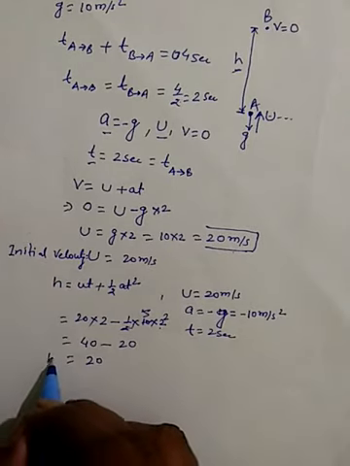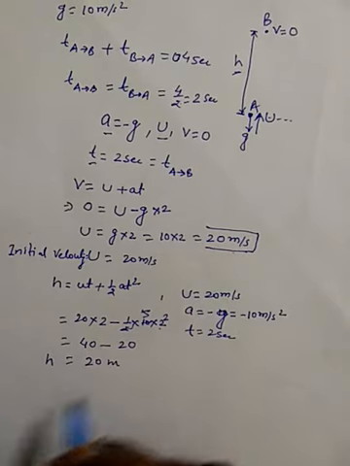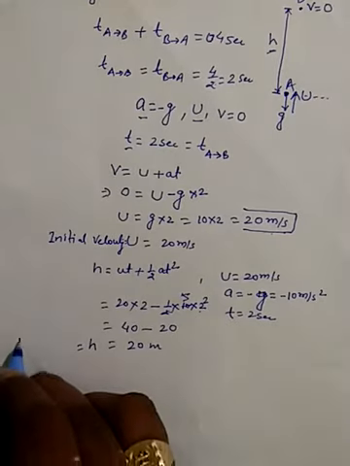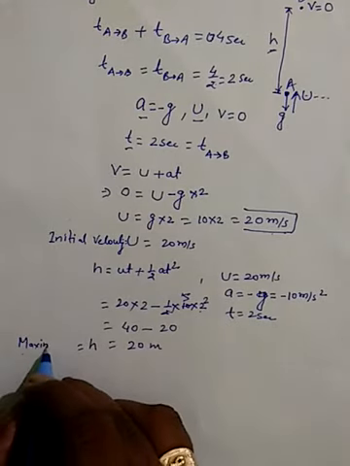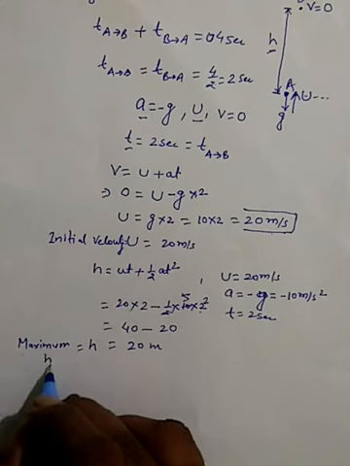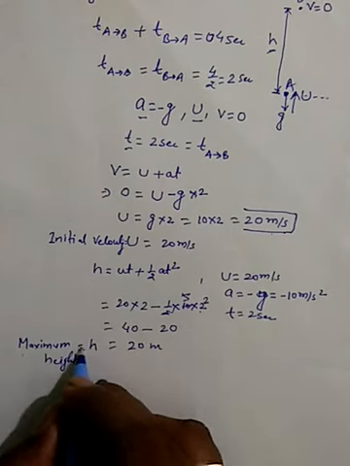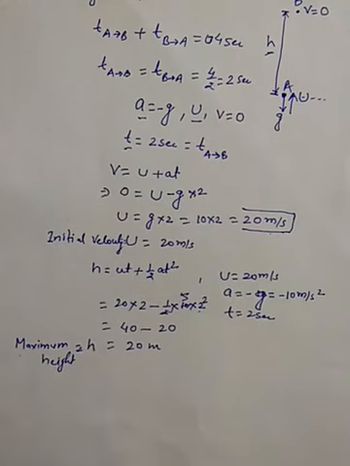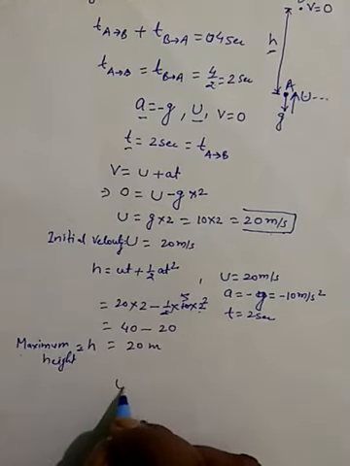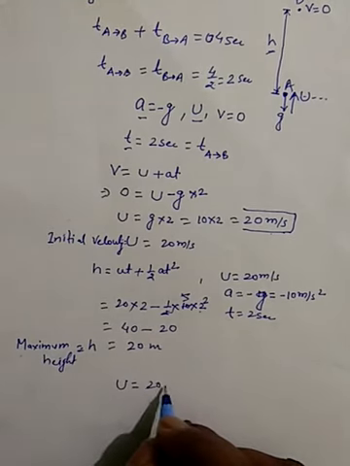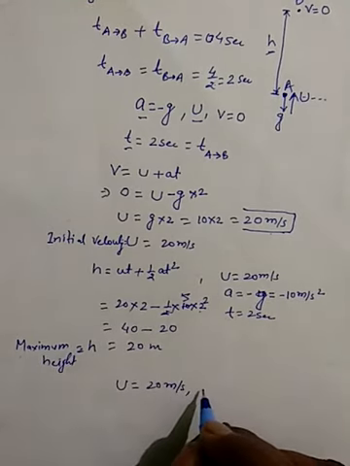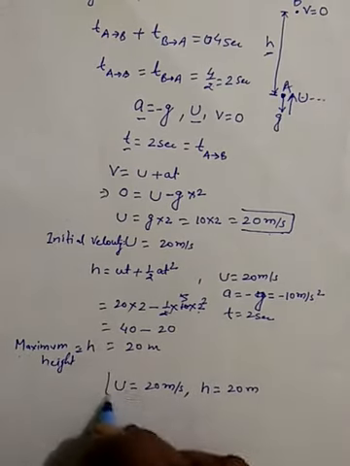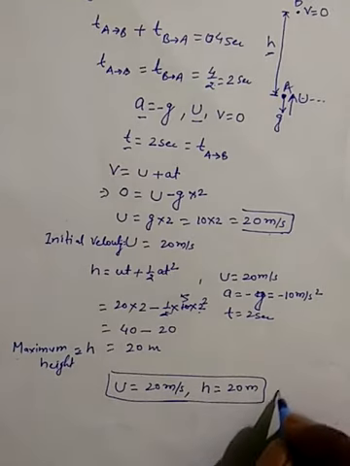Then the maximum height is 20 meter. Then the initial velocity is 20 meter per second, and the maximum height h is 20 meter. This is the answer.